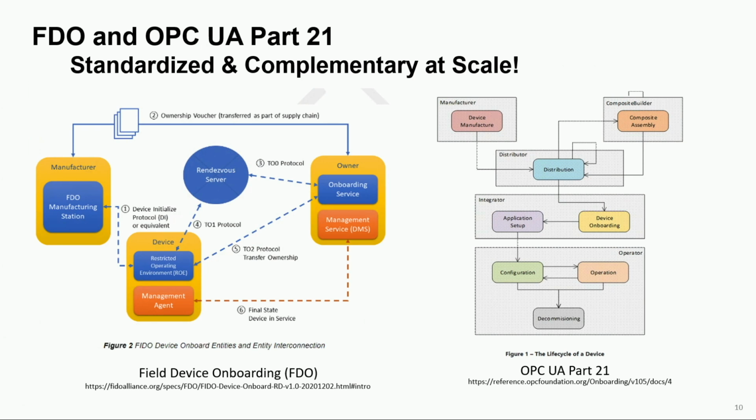Having OPC UA Part 21 executions be able to recognize at what point FDO needs to take over, and vice versa, having FDO recognize when OPC UA Part 21 might be handling the control application, let's say, in the deployment of the app potentially, and being able to pass over control is a very important thing.